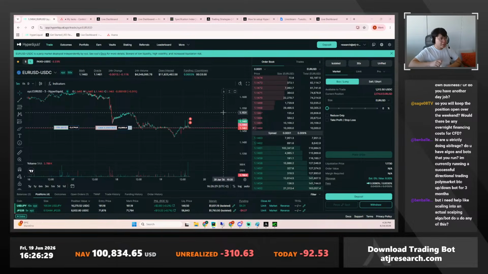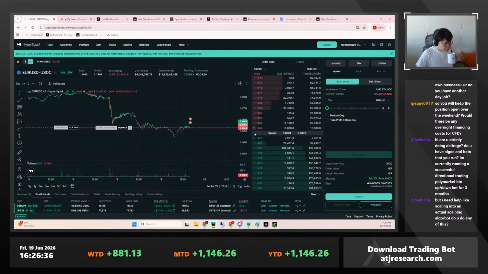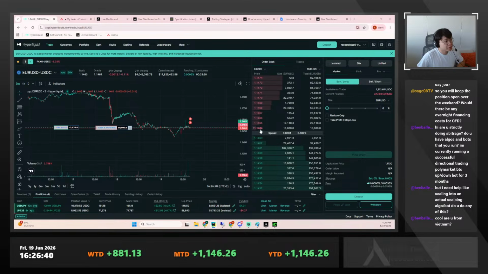So the thing about Hyperliquid is that you can't quote a tighter spread because the minimum amount is already that high.